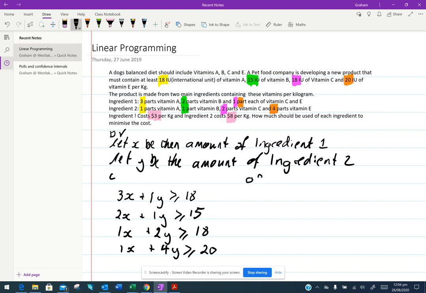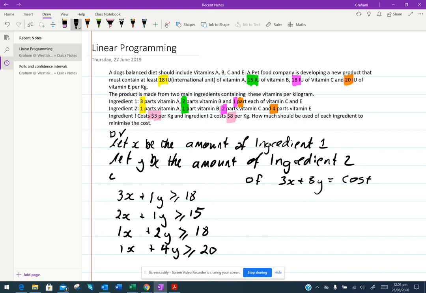My objective function is that it costs $3 per ingredient 1 plus 8 lots of ingredient 2, and that equals my cost. So there are my constraints.